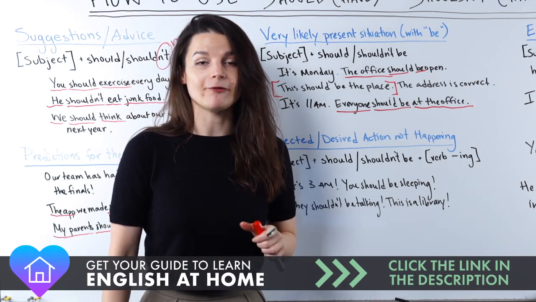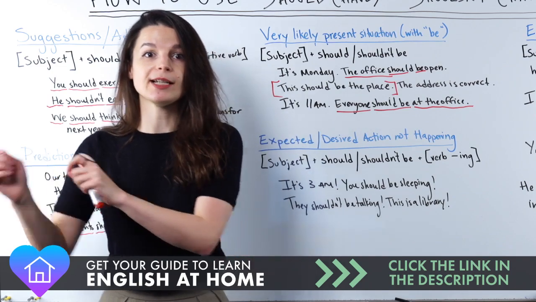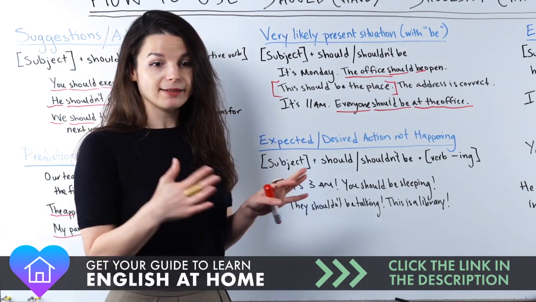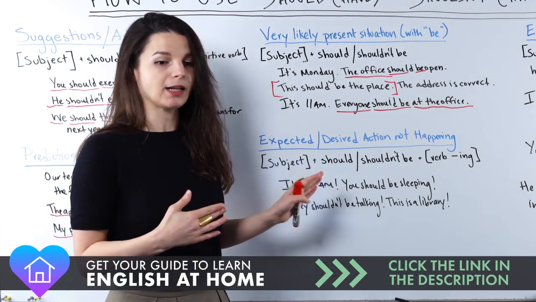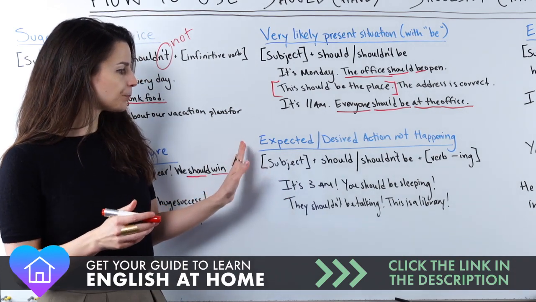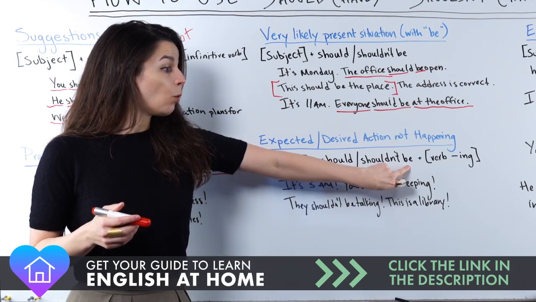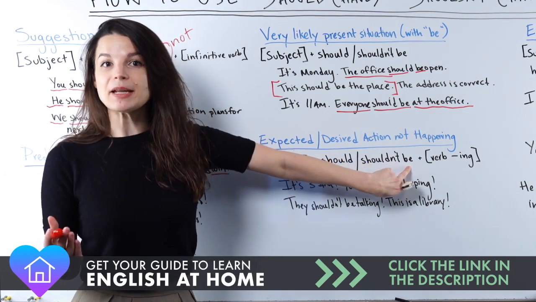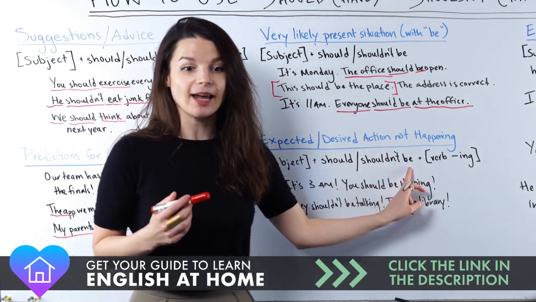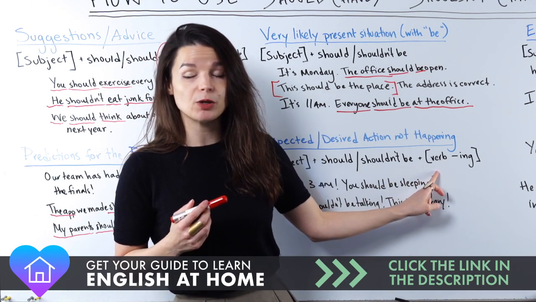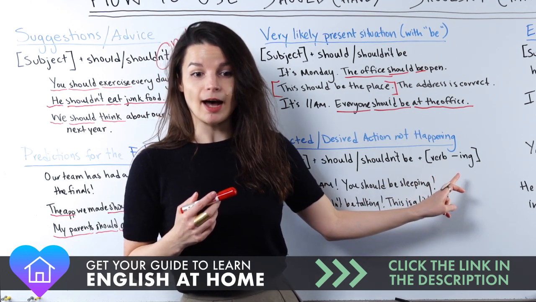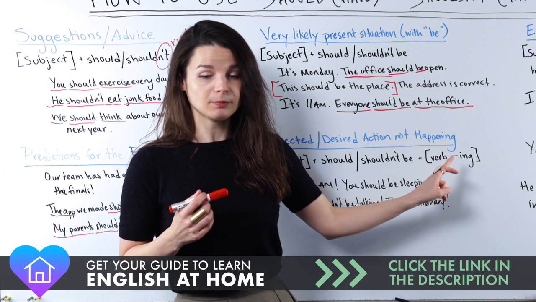So the example I just read on Facebook, he's the police, he should be protecting people. That's an example of this one. So how do we make this? Again, same pattern, subject plus should or shouldn't. With this, we use be, and at the end, we use a verb in the ing form.